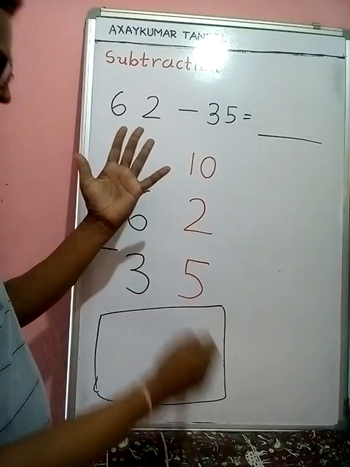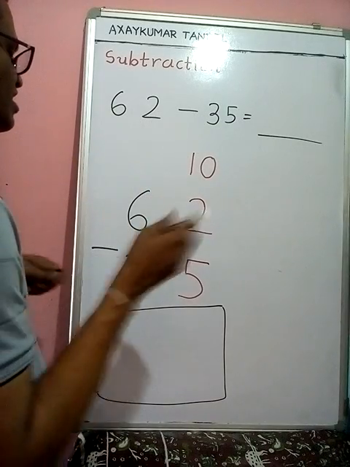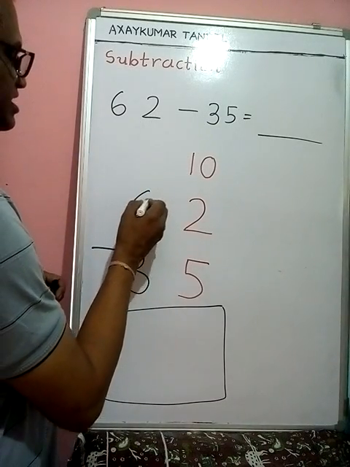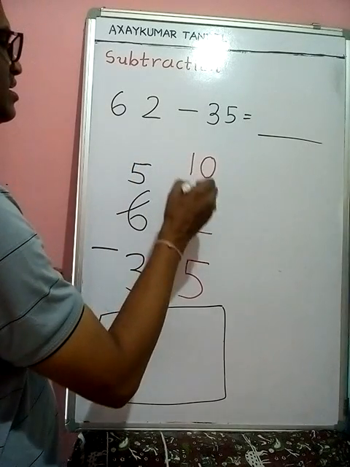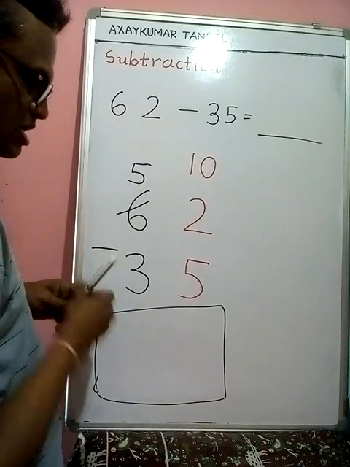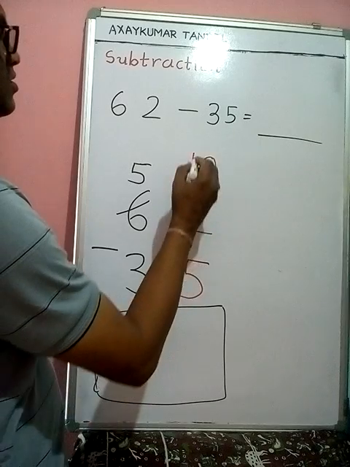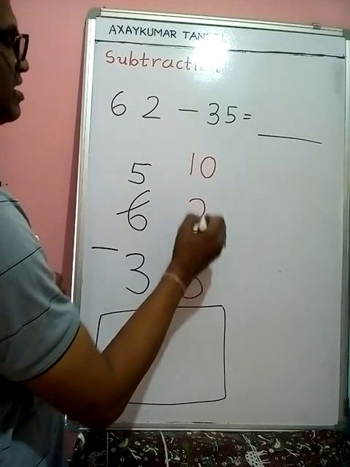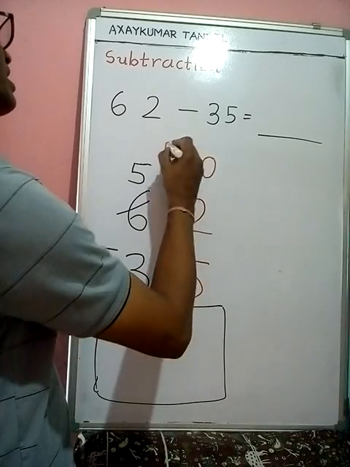6 has 6 tens and gives 1 ten to 2. Now how many? 6 has 5 tens. 1 less: 6 minus 1 is equal to 5. Here 2 takes 10 from 6. Now how many is it making? 10 plus 2 is equal to 12.